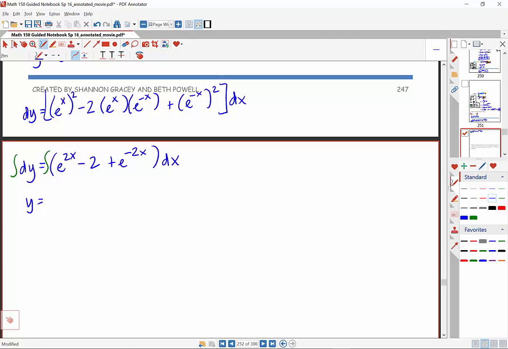Or we could split the integrals and adjust them, however you need to do it. I'm just going to use pattern recognition, and we're going to get e to the 2x divided by 2 minus 2x plus e to the negative 2x divided by negative 2 plus our constant of integration.